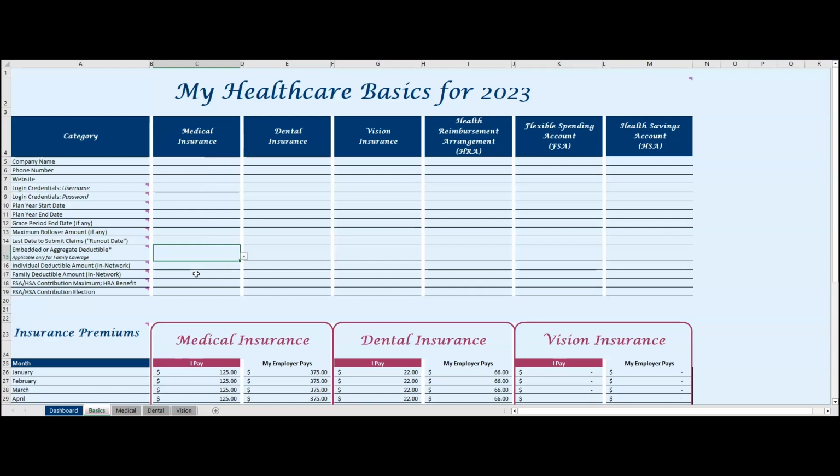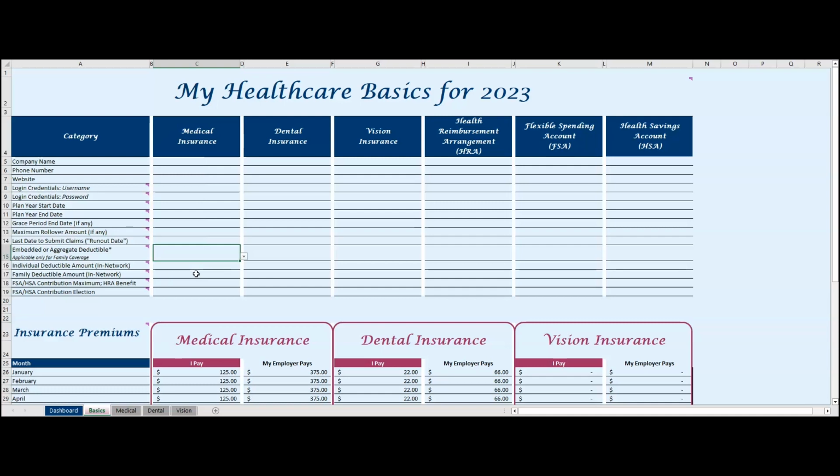Alternatively, you may have an aggregate deductible, which means that all family members' deductible expenses will be grouped together and need to hit the family deductible amount, in this example, $2,000, before coinsurance kicks in.